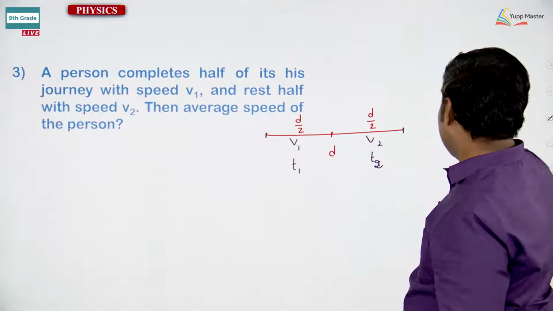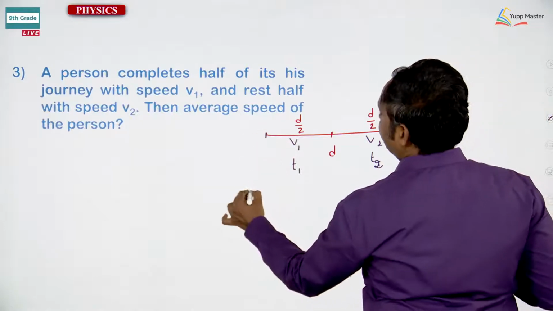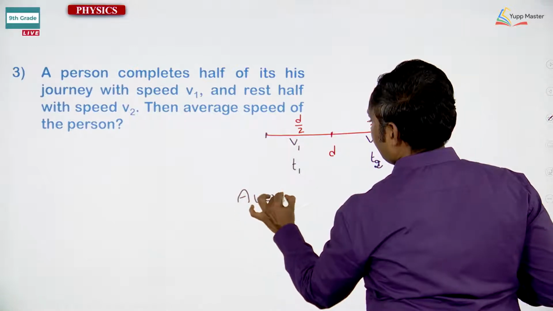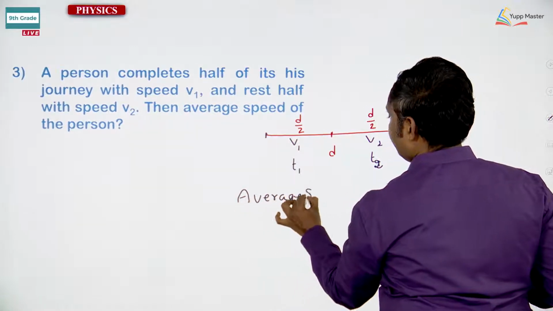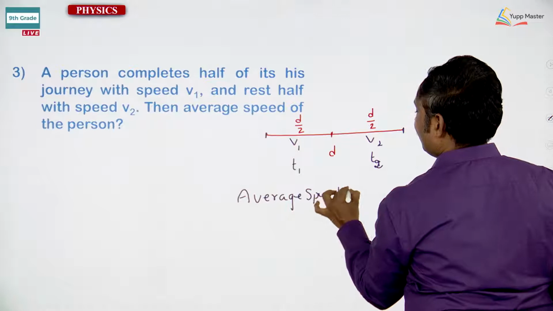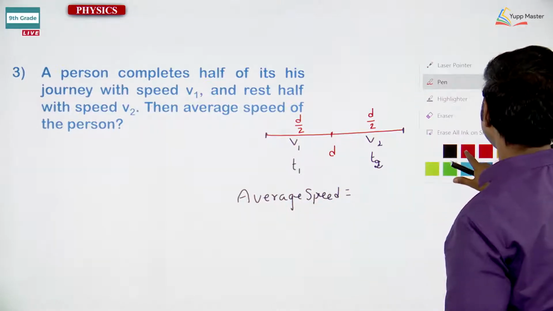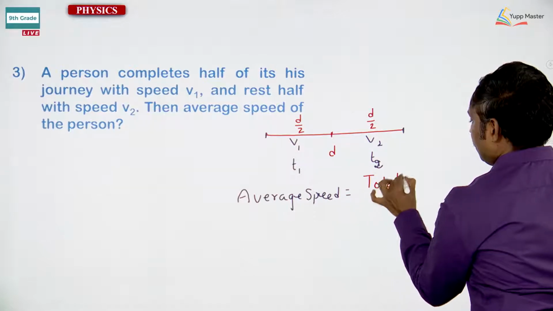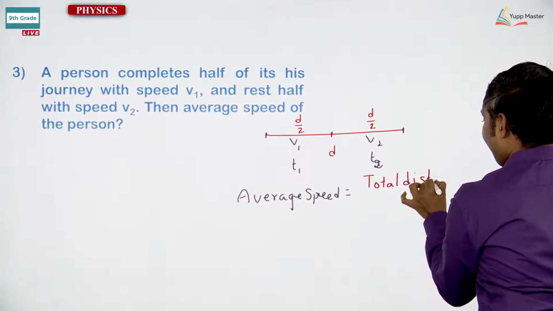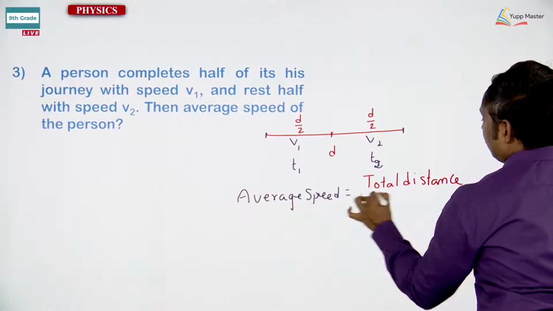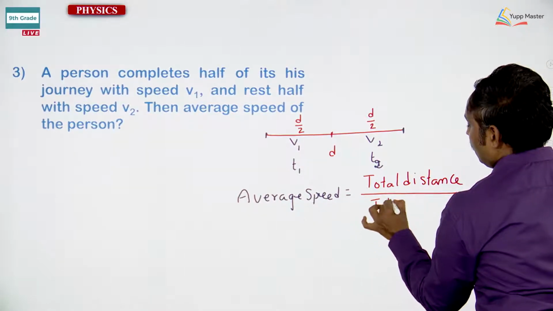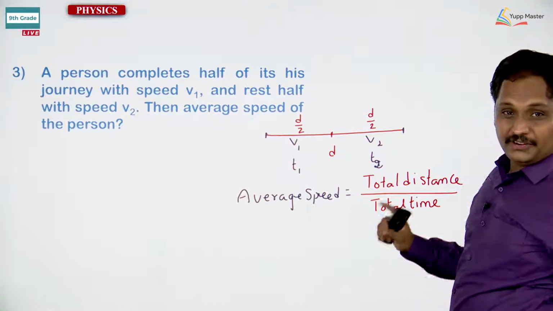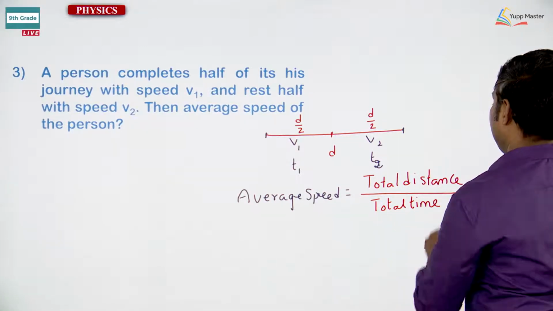They have given that you are going to take the average speed, that is equal to total distance by total time taken.